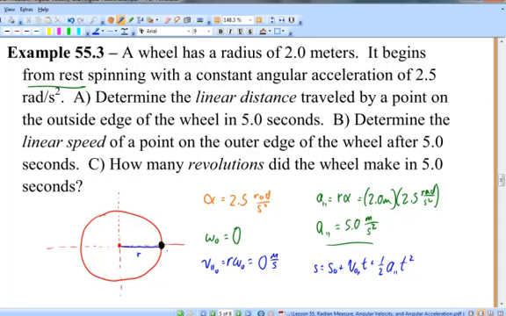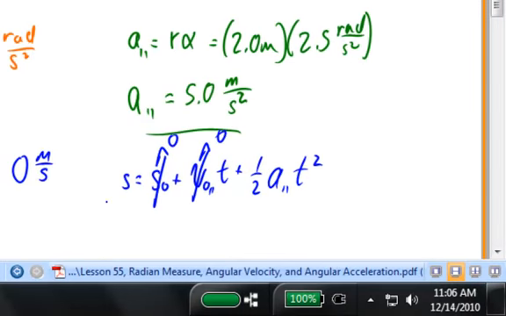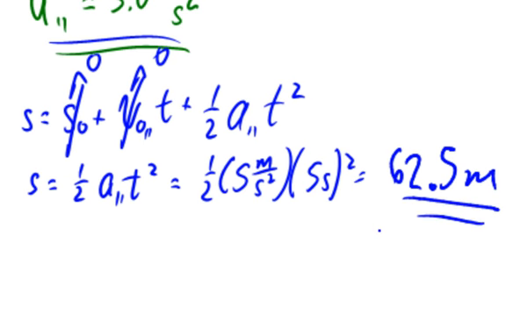If we let our initial position s naught be equal to the origin, in other words the place where the action begins, then the initial term and the initial velocity term disappear, and now I can just put in the numbers. So I get that the distance the object travels around the circle is 62.5 meters.